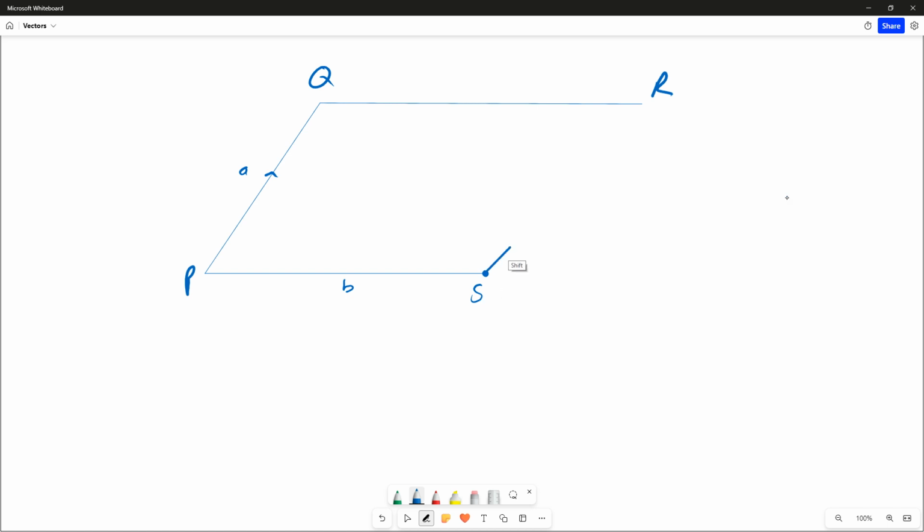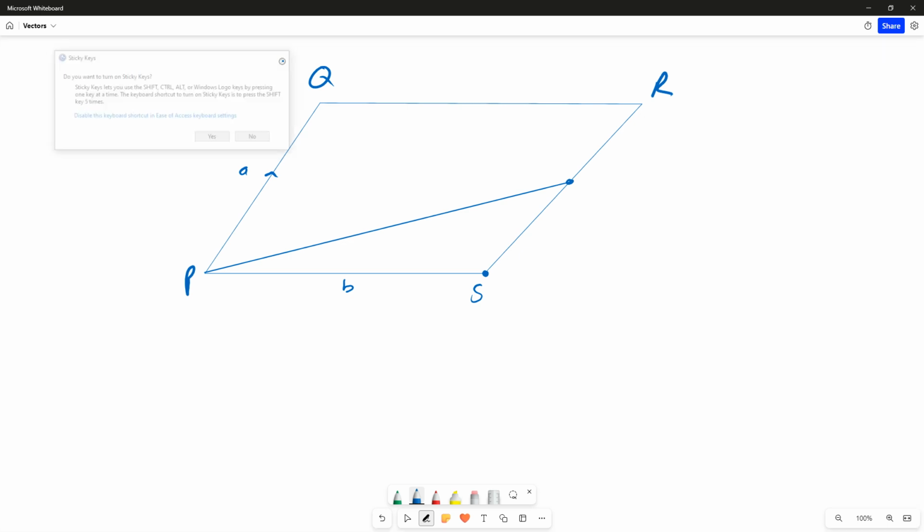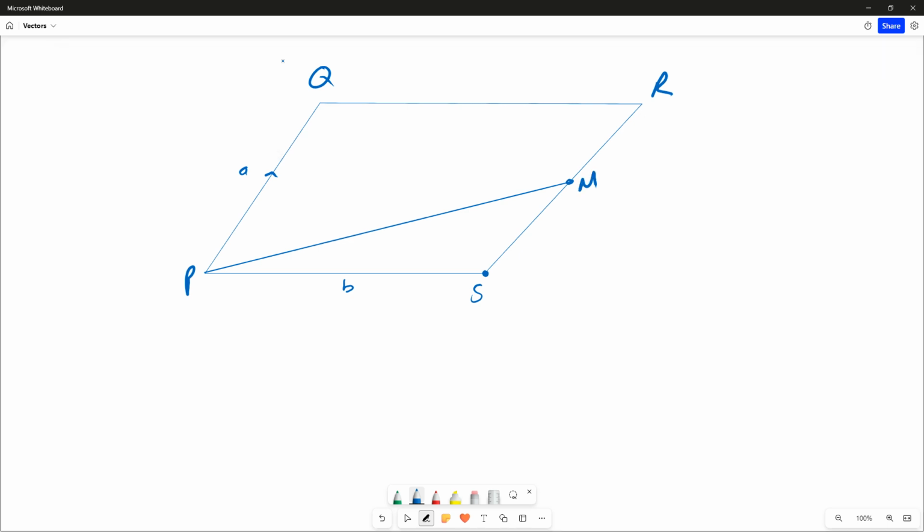This takes me to R. And from P, I draw one line all the way till the central point, calling it M. So that's B. And these two vectors, this one is A and that one is B. So there's no parallel vectors here. Okay, but maybe looks like PS is parallel to QR.